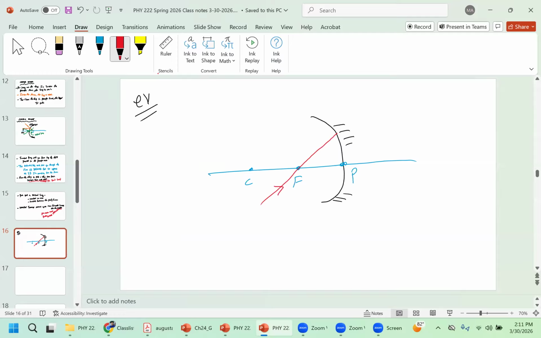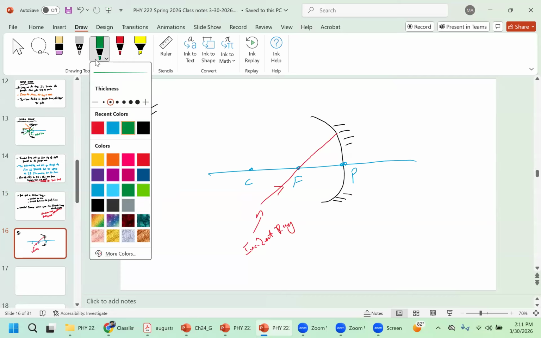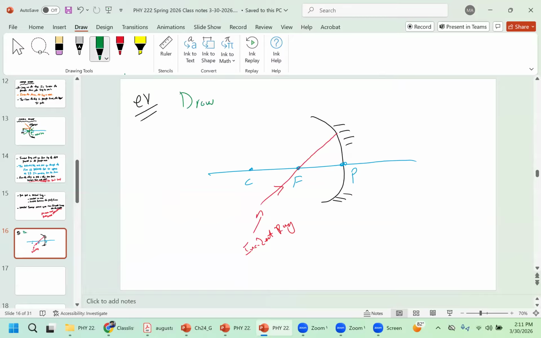Everybody draw this? Tell me yes or no. Okay. Draw the reflected ray. So this is the incident ray. If your incident ray goes through the focus, that means your reflected ray will go out parallel. So this is going to be your reflected ray.